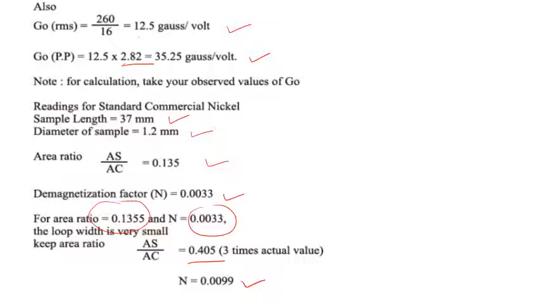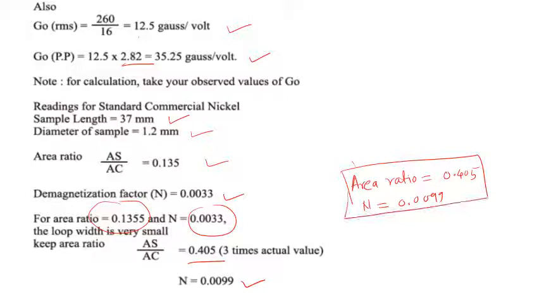So ultimately in order to take the readings, there is a knob called area ratio, we have to set it as 0.405, and the n value, that is the demagnetization value, should be 0.0099. These things you have to set as initial stage parameters.